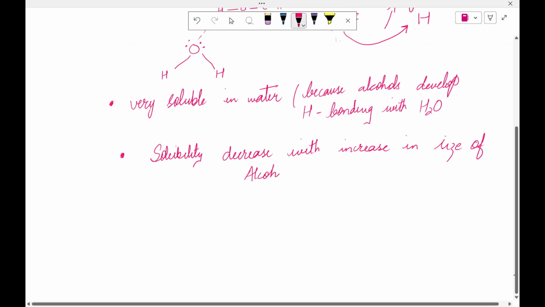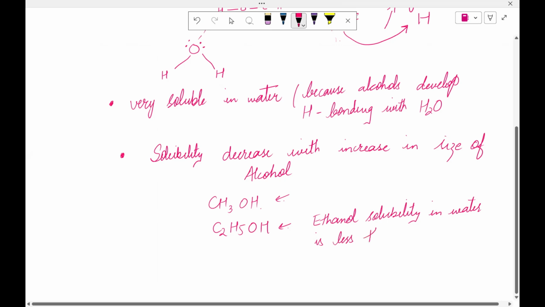What we mean by this is, for example, this is methanol, and if you have ethanol, C2H5OH, then the solubility of ethanol in water is less than that of methanol.